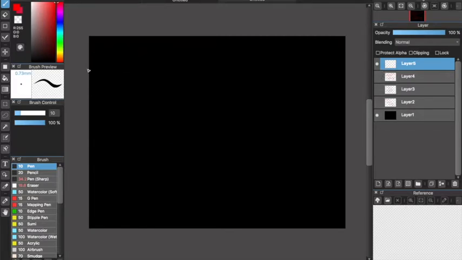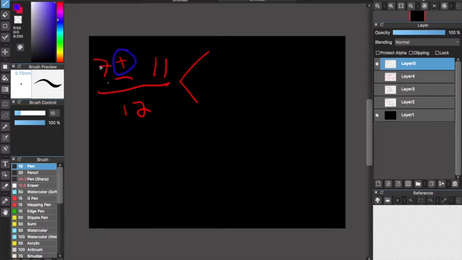So it's 7 plus minus 11 divided by 12. So let's break it down, because it's plus and minus, we have to find it one by one.